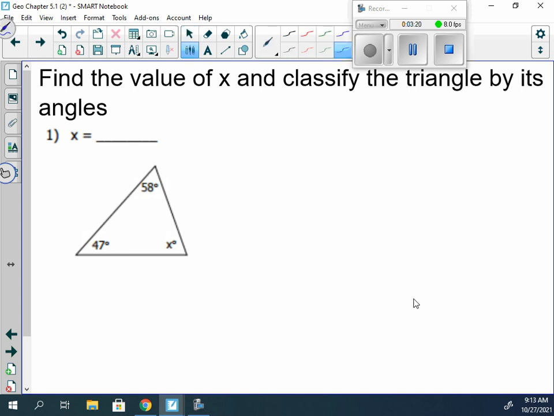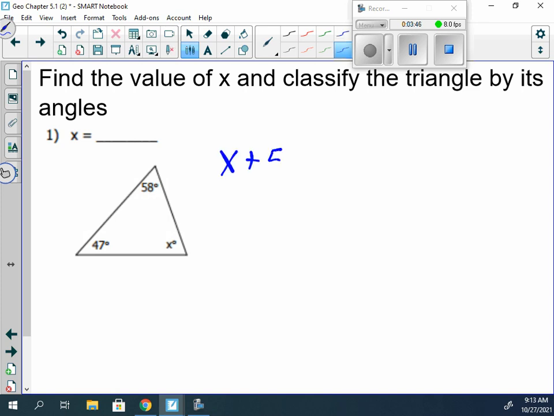But knowing that, we can look at this first example problem. Find the value of x and classify the triangle by its angles. So when we look at this here, we're told that one angle is 47 degrees, one angle is 58 degrees, and the other angle is x. Well, any three angles in a triangle add up to 180.